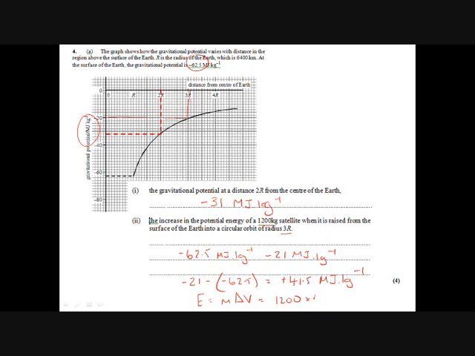The more mass your satellite's got, the harder it is to move it. 41.5 times 1200 is 49,800, so 49,800 megajoules. Or if you like, 4.98 times 10 to the 10.